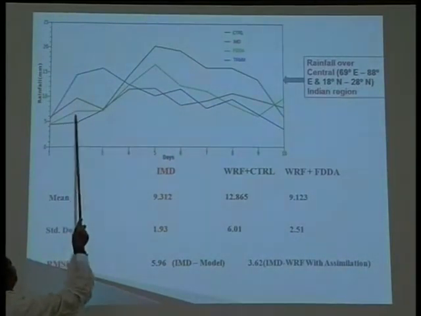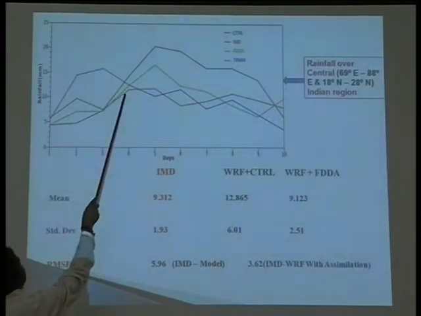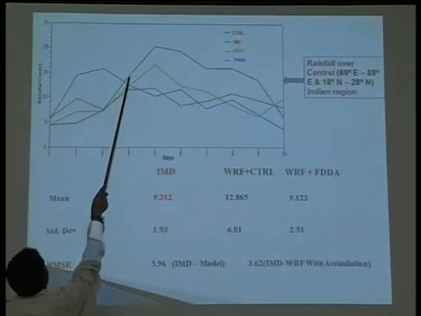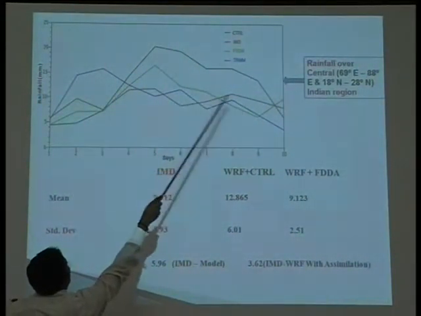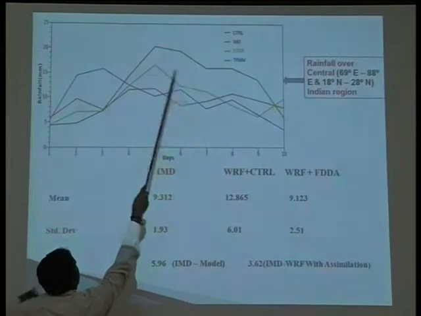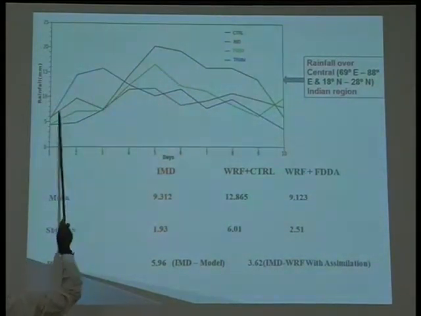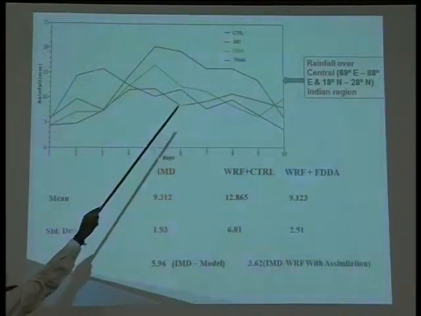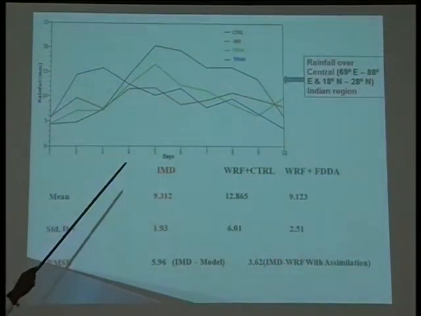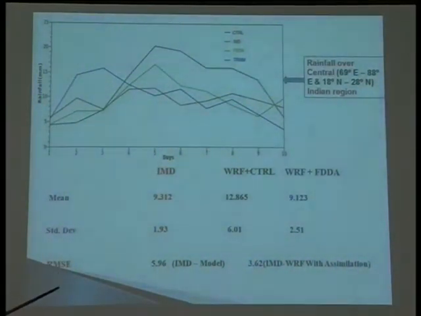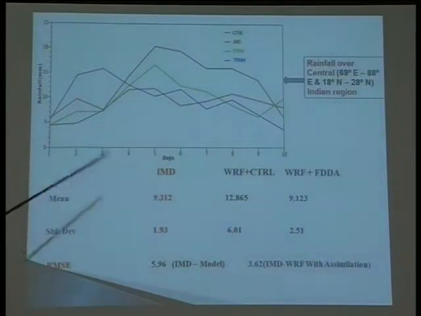The control run shows very high magnitude over the whole period, and after assimilation this is suppressed, and it is a reasonable comparison with the other observations like TRMM and IMD.